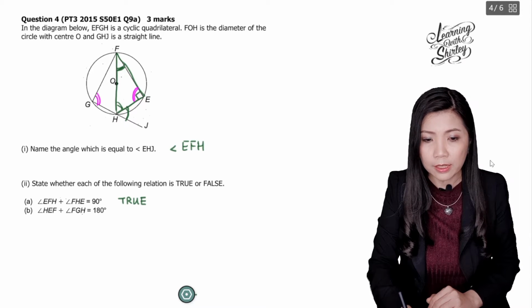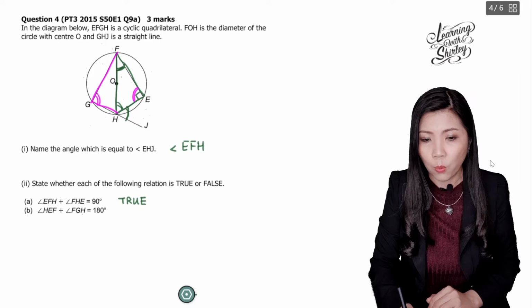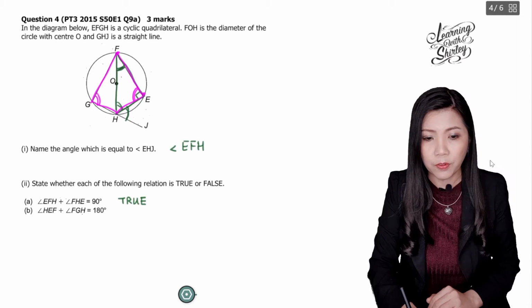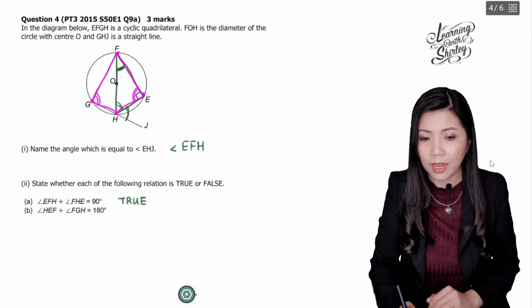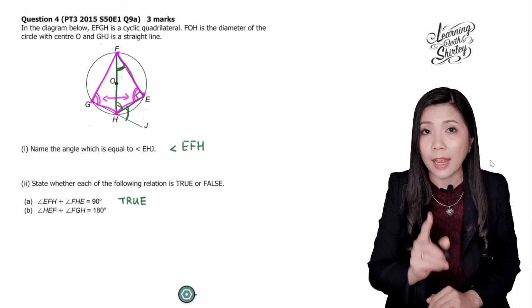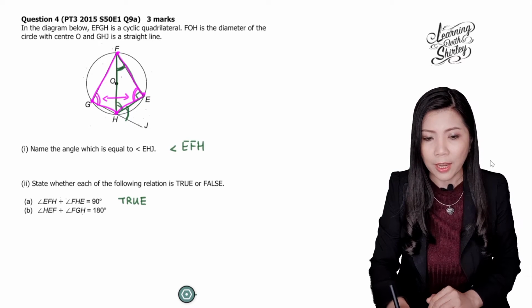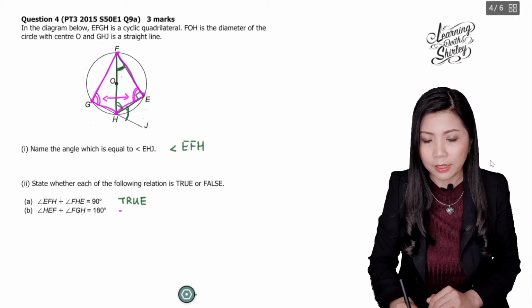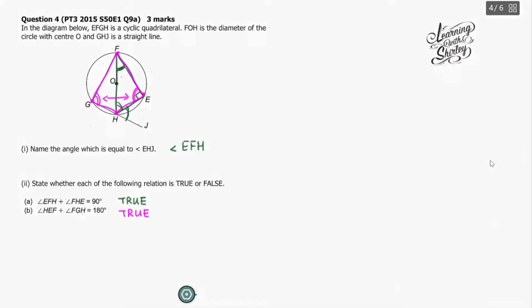This is a quadrilateral in a circle whereby all 4 vertices lie on the circumference of the circle. It means that the 2 opposite angles added together is 180, and this is called a cyclic quadrilateral. So therefore this is also true. That's the answer.